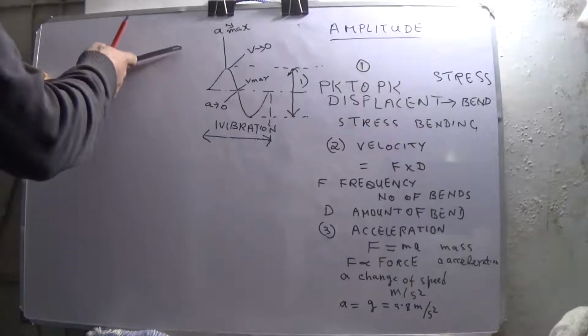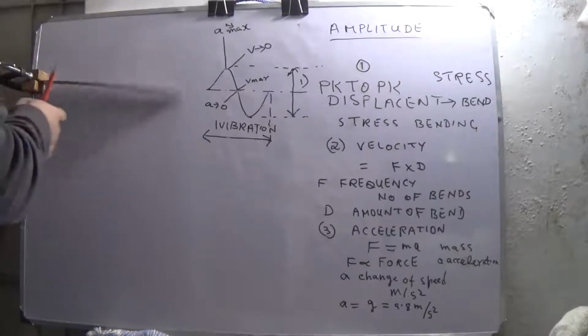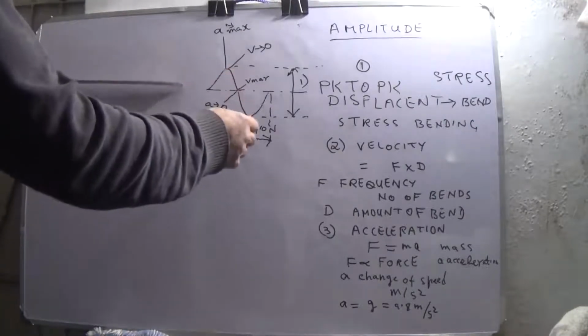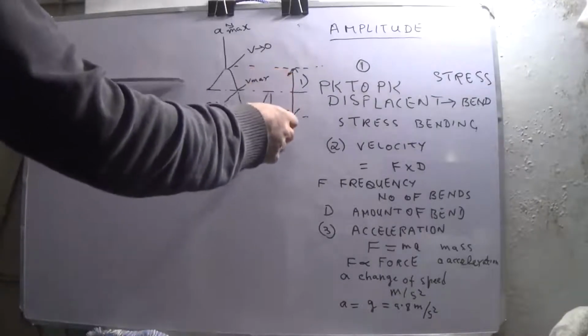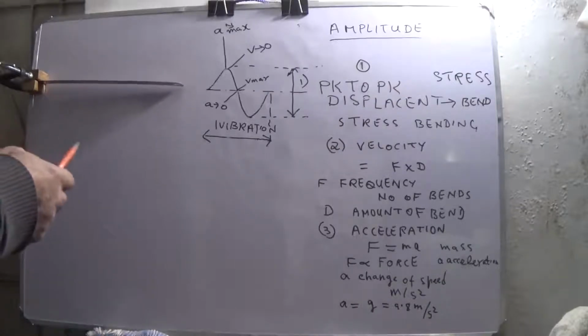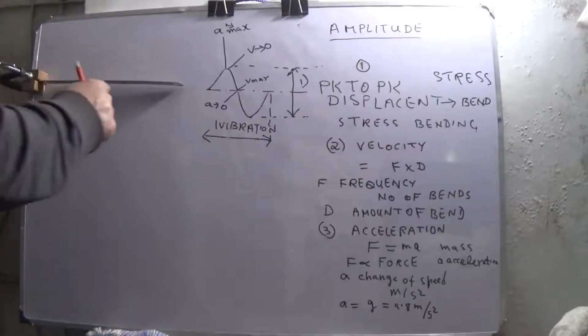As I told you, this part of the machine is moving up and down. This is the end point and this is the end point, and the distance between these two is called peak to peak displacement. It tells us about the amplitude or amount of vibration. You can compare it with bending.